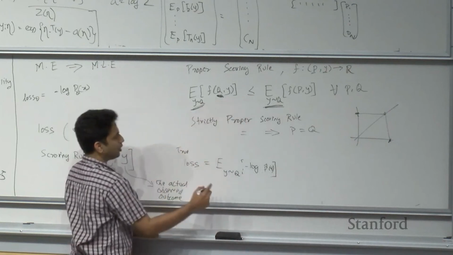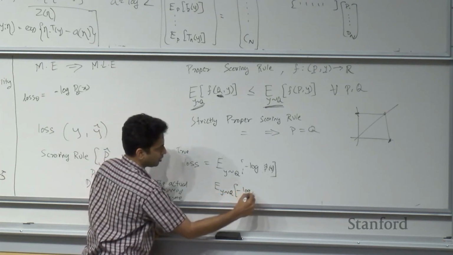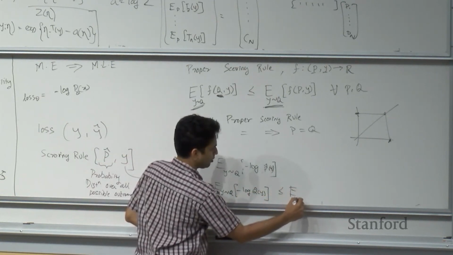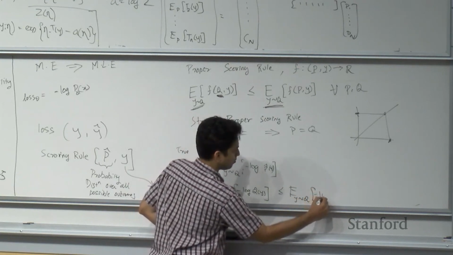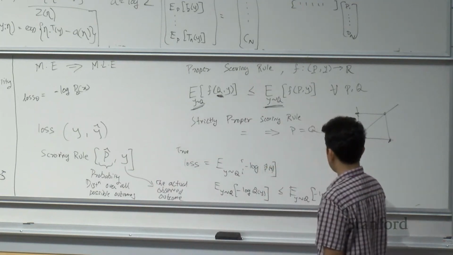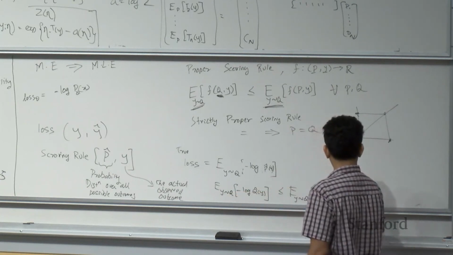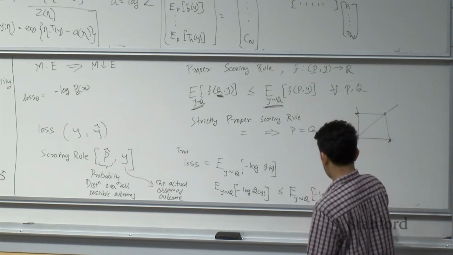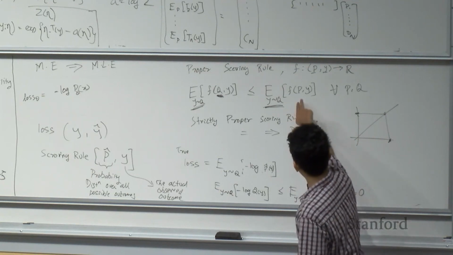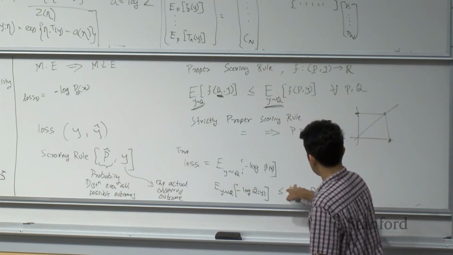We want to show this inequality: the expectation of y according to Q of minus log Q of y should be less than or equal to the expectation of y according to Q of minus log P of y. We take this to the right hand side and want to show it is greater than or equal to 0.